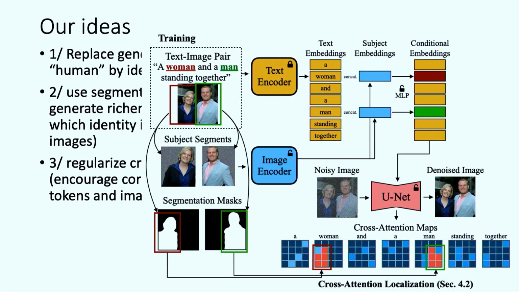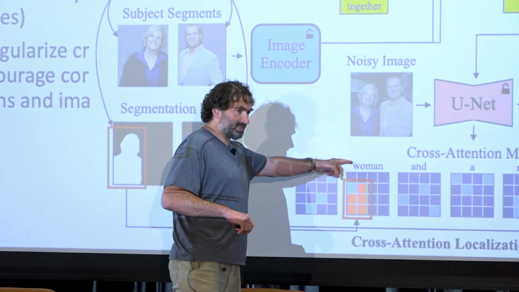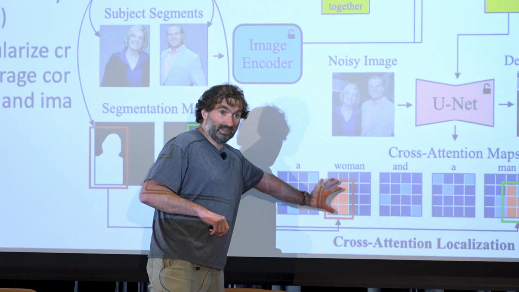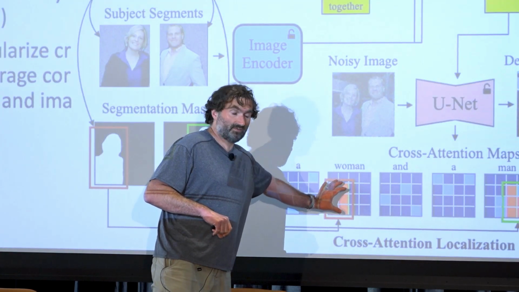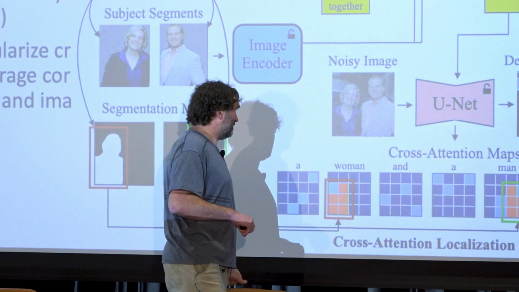And the final thing is that we're going to use that information to regularize the so-called cross-attention. If you like transformers, that's one of the things that they do, that they really focus on little pieces of an image at a time, or at least in parallel. And what we do in our work is to force them to say, well, when you're looking at the text token for a woman in this image, your cross-attention should be limited to the place where we know there's a woman in the original training image.